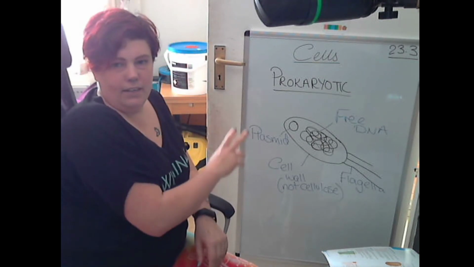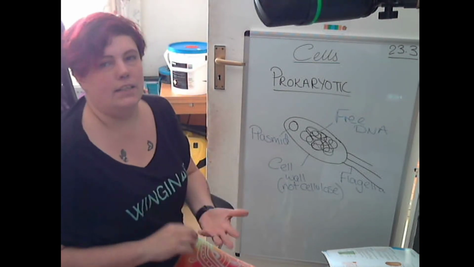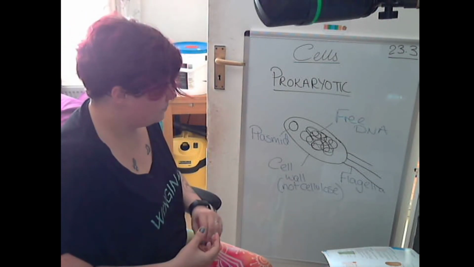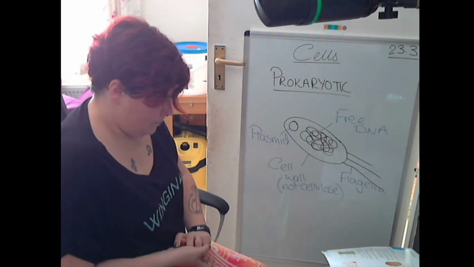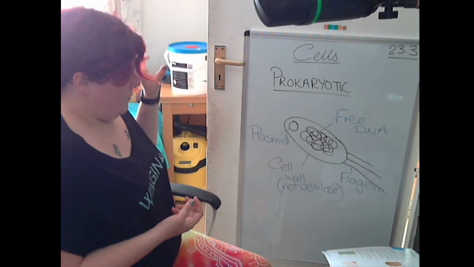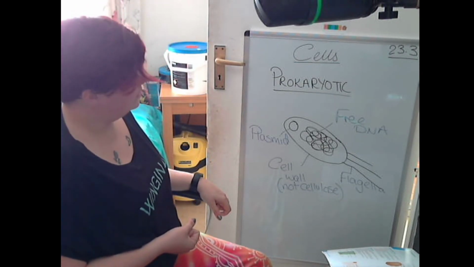However, with bacteria, it is not a cell wall made of cellulose, which is what it is with a plant. Okay? So that's the structure of your prokaryotic cells.